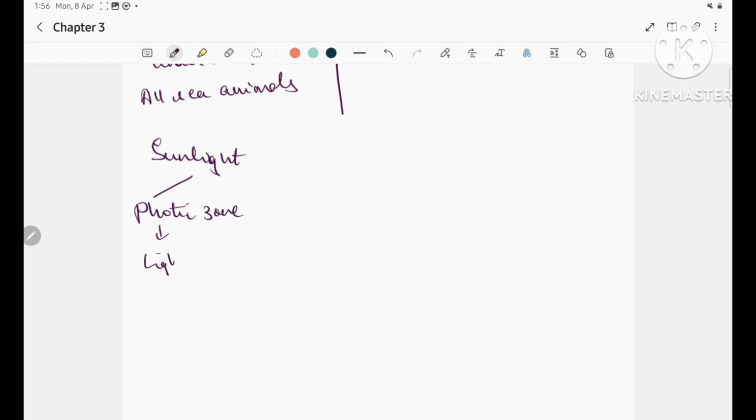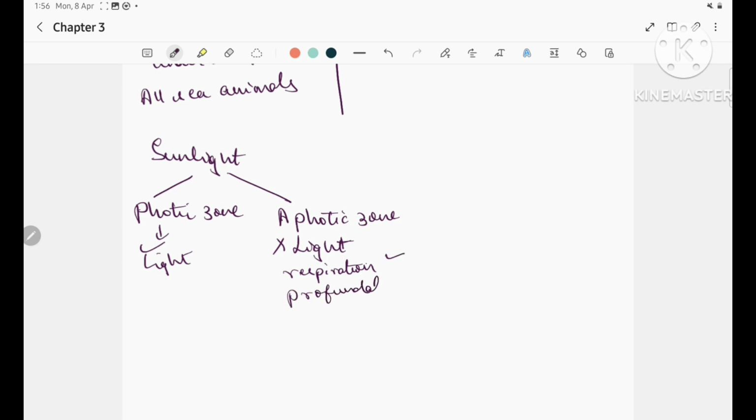Another zone is the aphotic zone, where the light will not penetrate, or it is restricted. Here only respiration takes place, and this place is also known as the profundal zone.